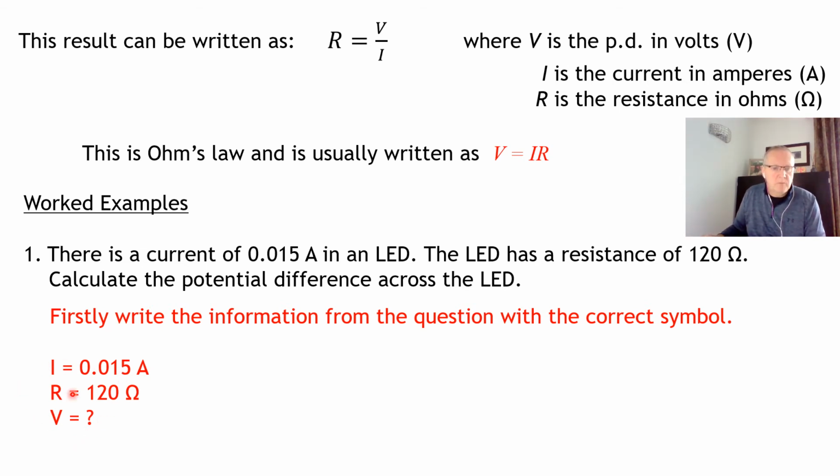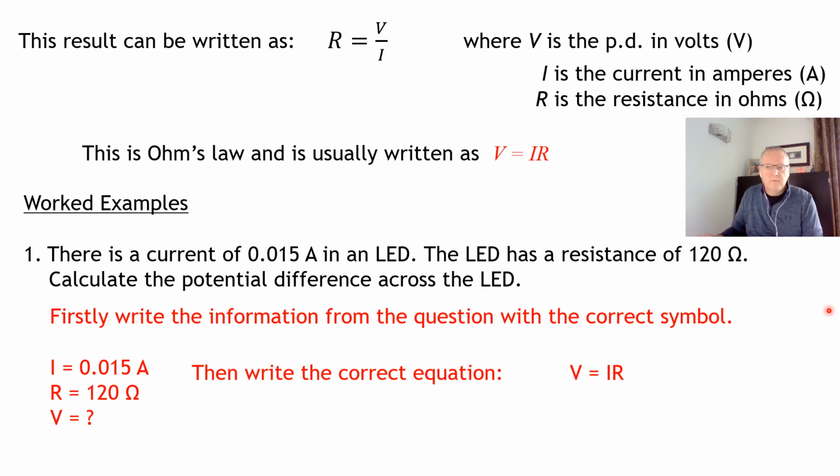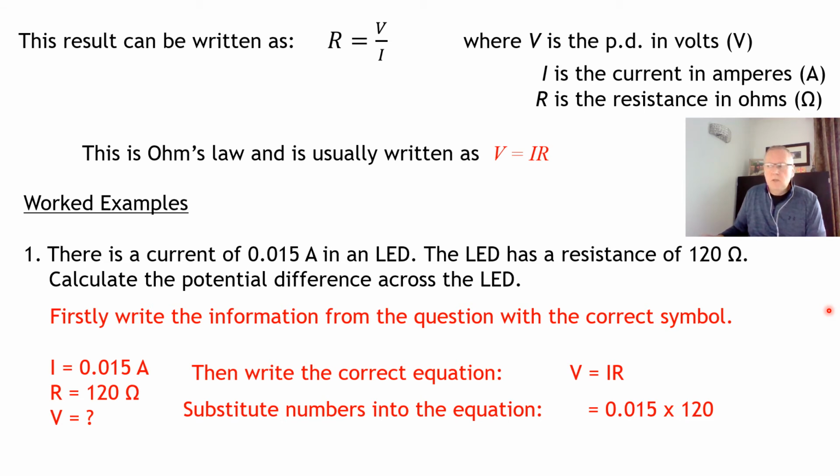So this is going to point you towards, hopefully, V equals IR. The next stage is you write down the correct equation, which is, funnily enough, V equals IR. Next you substitute in the numbers: you replace the symbol for I with the number 0.015, multiply it by the resistance of 120 ohms, and then you write the correct answer, hopefully with the correct unit.